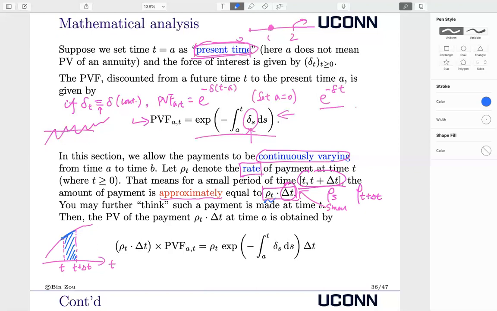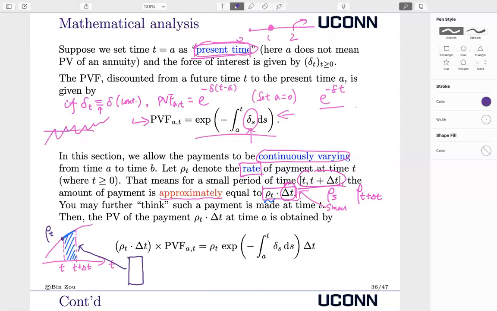Here is rho t. Let me get a different color. So I use rho t. If I draw a parallel down here, I use this rectangle to approximate this irregular area, right?